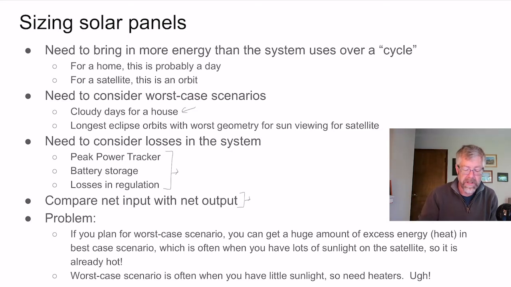If you plan for the worst case scenario, but you're actually in the best case scenario, you get a huge amount of excess energy into your system, which basically is heat. And so you may have a lot of excess solar energy coming in. And that's why when you're at home, you can sell that energy to the grid sometimes.